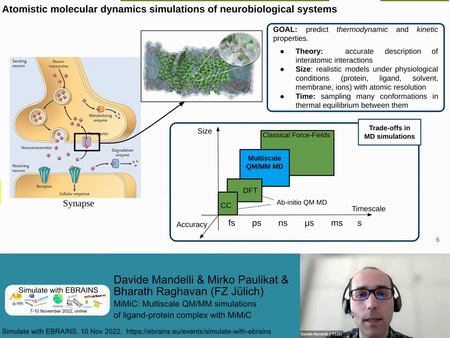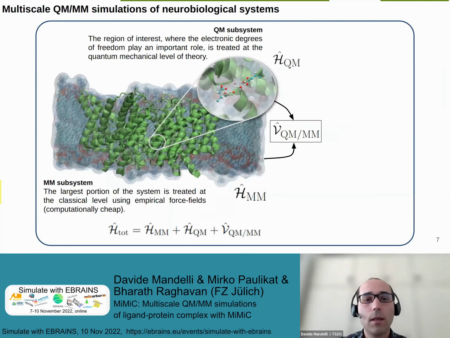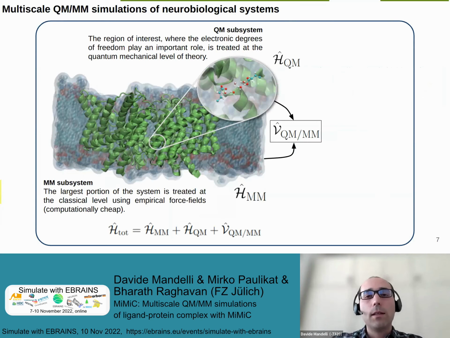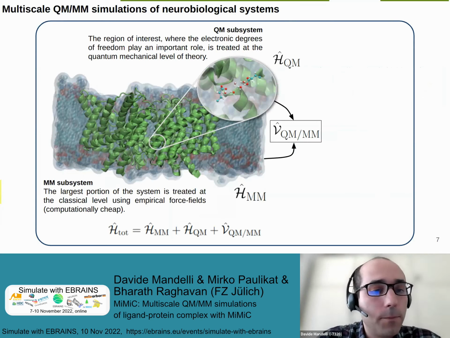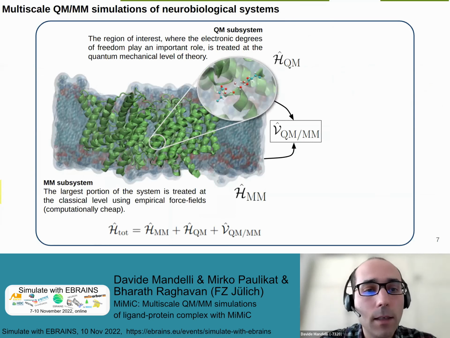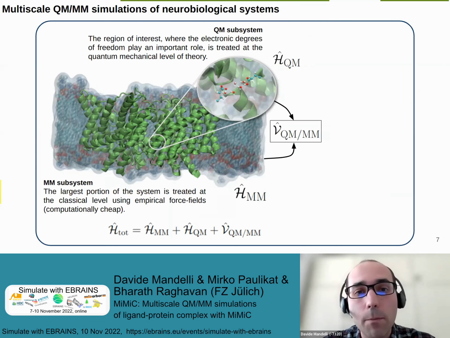So what is now the idea behind this approach? It is actually quite simple. One can think of an enzymatic reaction one is interested in studying: in the enzyme, the actual reaction involves few residues, while for the vast majority of the system it is not really important to describe explicitly the electronic degrees of freedom.